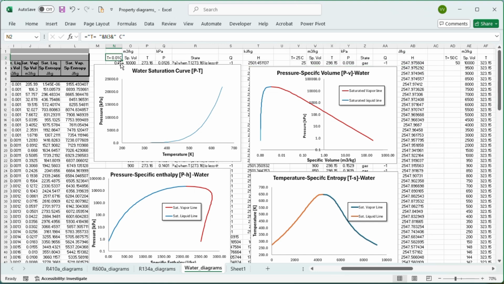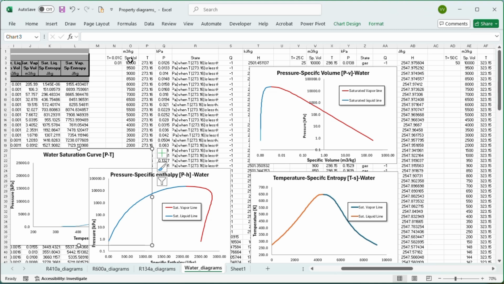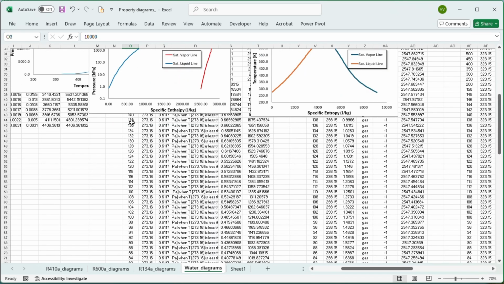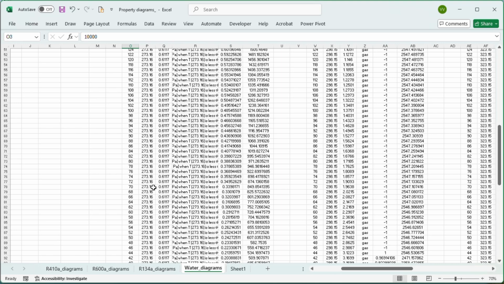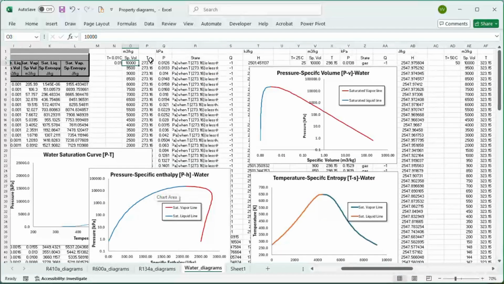So for T equal to 0.001 C, we created a variation of specific volume. We started with a very high specific volume in meter cube per kilogram to a very low value. Using those two as an input, T and specific volume (1 over density), the pressure is calculated.